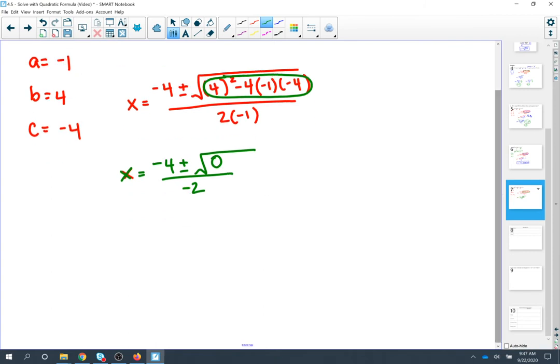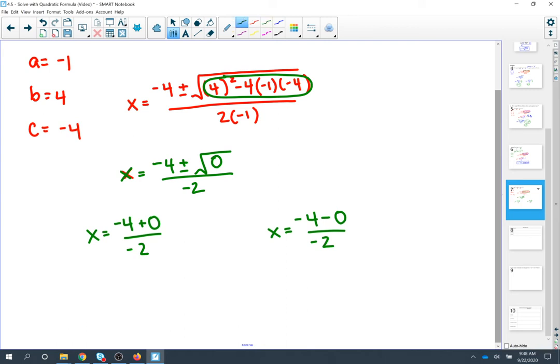Now, I'm going to look at this square root. We have the square root of 0. What is the square root of 0? Well, that's 0. So I could do x equals negative 4 plus 0 over negative 2. I could also do x equals negative 4 minus 0 over negative 2.